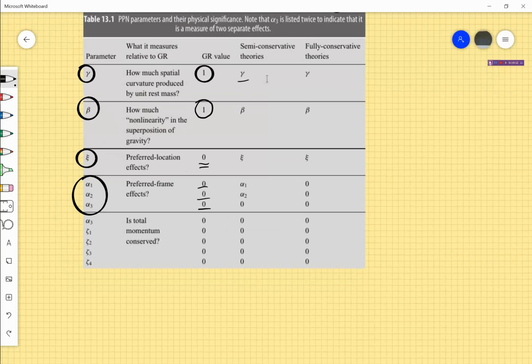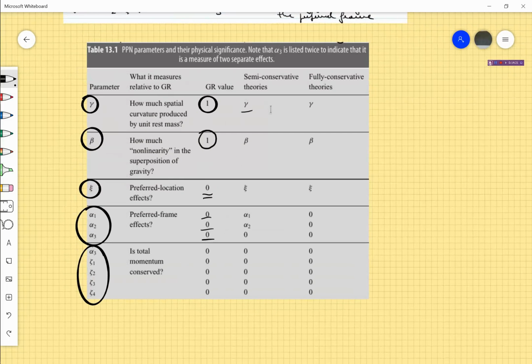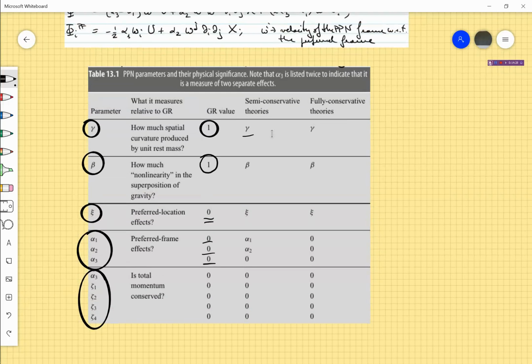Is total momentum conserved? Yes in general relativity, and this is controlled by all these parameters in general. So really this formalism encompasses very general classes of theories, some of which you could say, I don't like theories in which momentum is not conserved, but there is a challenge to exclude them experimentally. Ideally you should perform experiments in which you measure the values of these parameters, or at least constrain their values.